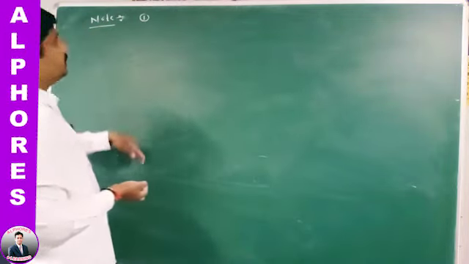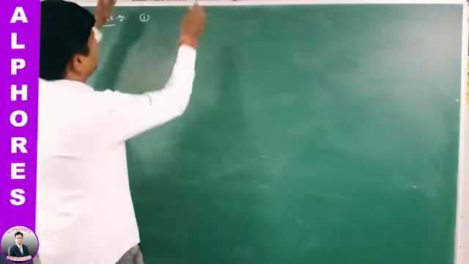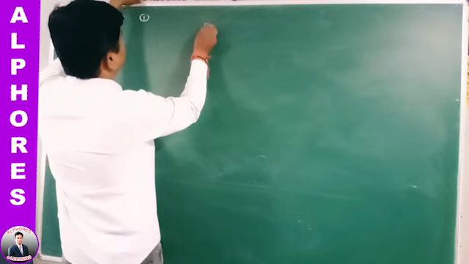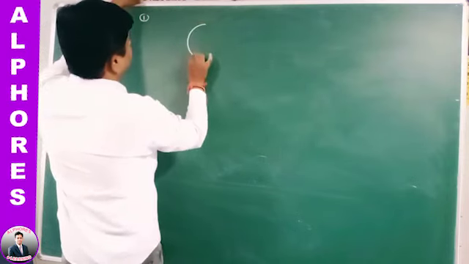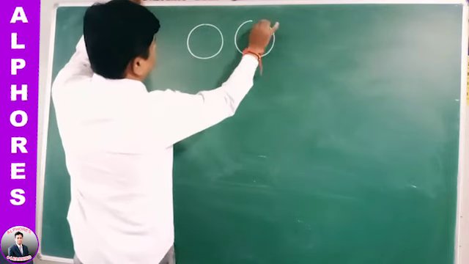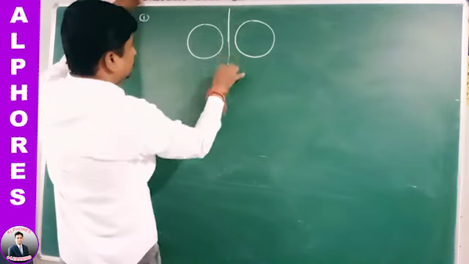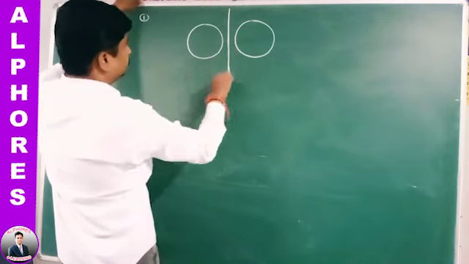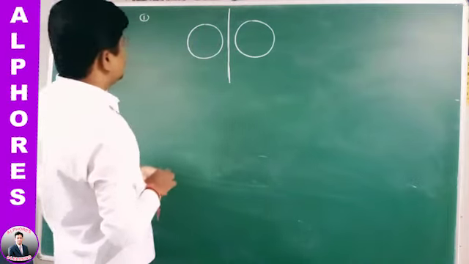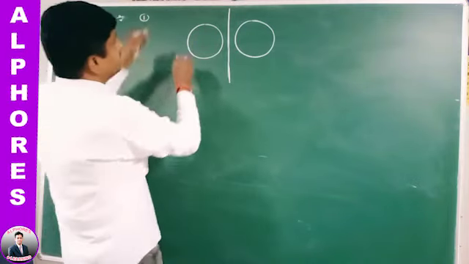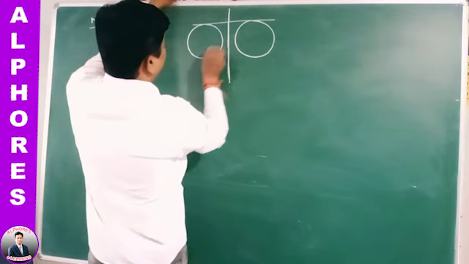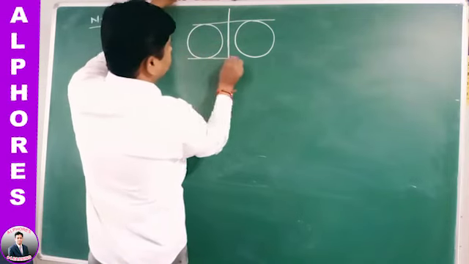Here is another point. This is the radial axis of the two circles. The radial axis of the two circles bisects all the common tangents of the given circles.